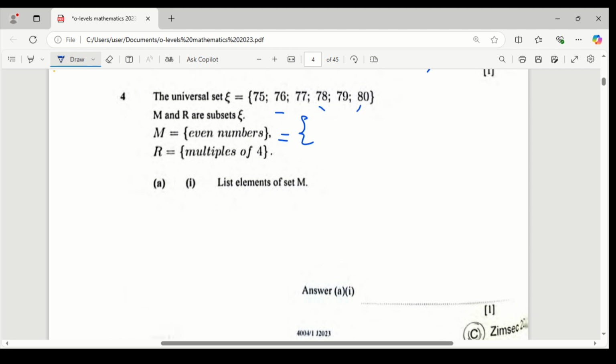So the set M will contain the following: 76, 78, and 80.